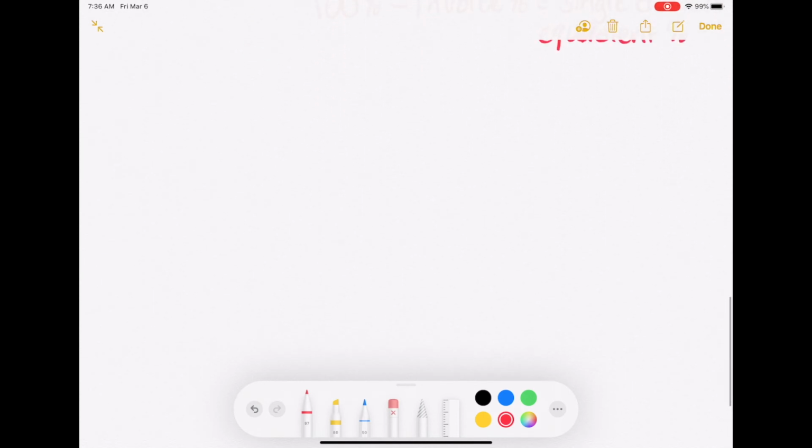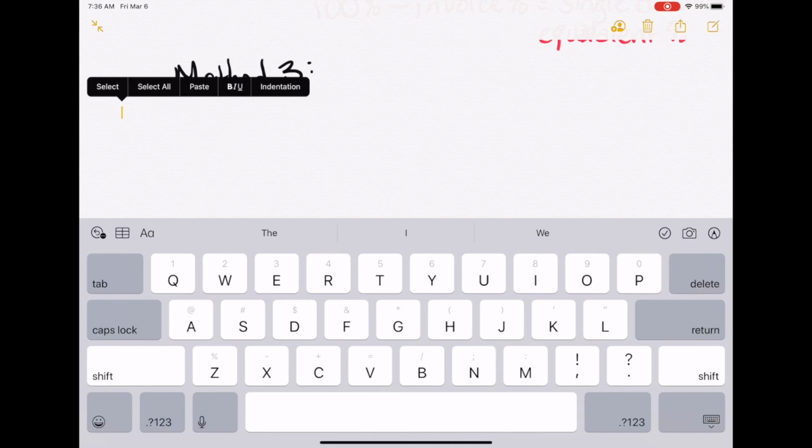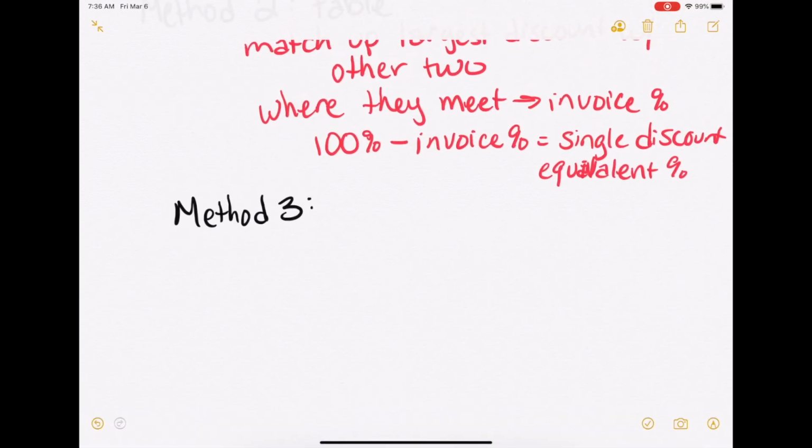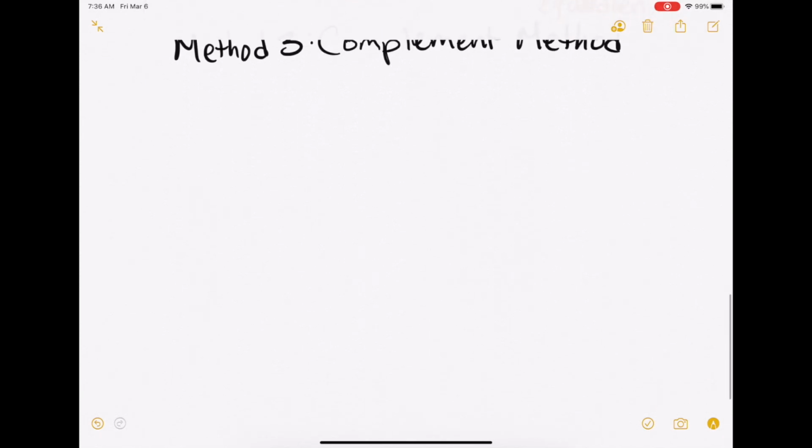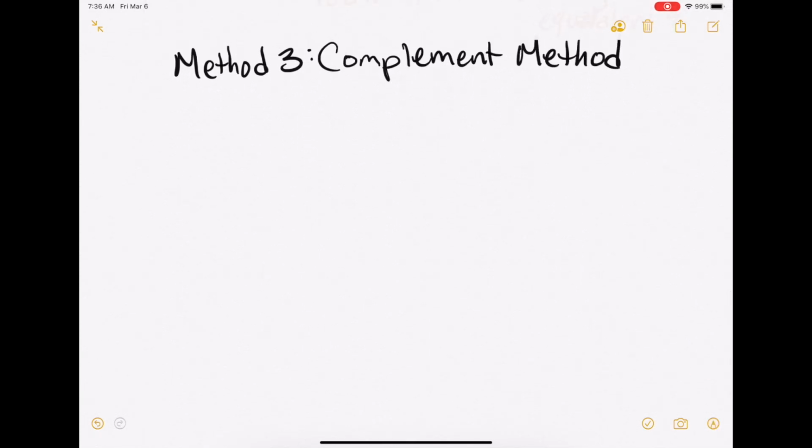All right, so then we have method number 3. And that is the complement method. I truly think that this is even faster than the table method if you know how to use it efficiently.